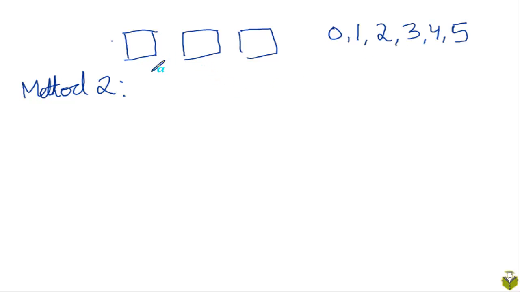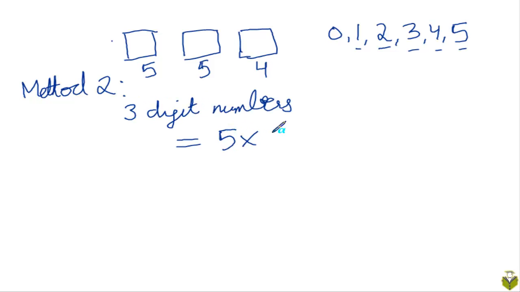And how many options do you have to fill the first box? Only 5, right? Because 0 cannot occur in the first box. So you will have 5 options. For the second box, you will again have 5 options because one of the options from 1 to 5 will be used and 0 is available for the second box. And for the third box you have one less option. You have 5 and 5 and 4. So 3-digit numbers are, from fundamental principles of counting, just 5 into 5 into 4.